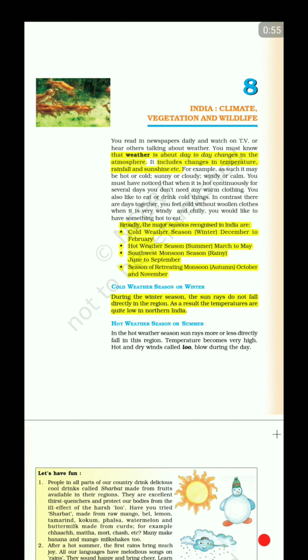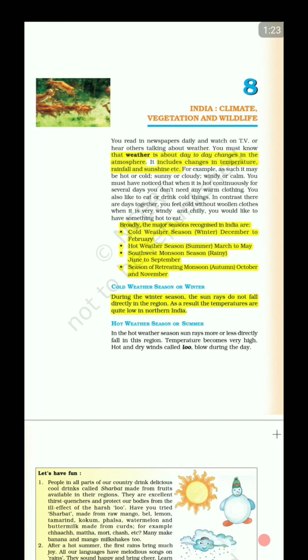Broadly, the major seasons recognized in India are the cold weather season, winter, which is from December to February; the hot weather season, which is summer, from March to May; and the southwest monsoon season. Why is it southwest? Because we normally name a season from the place where the winds originate.